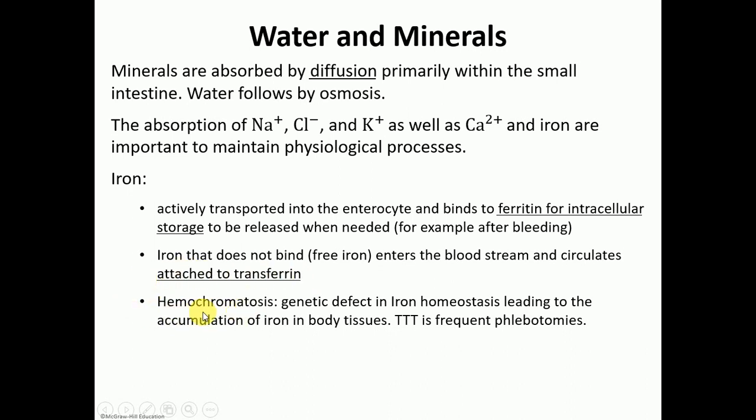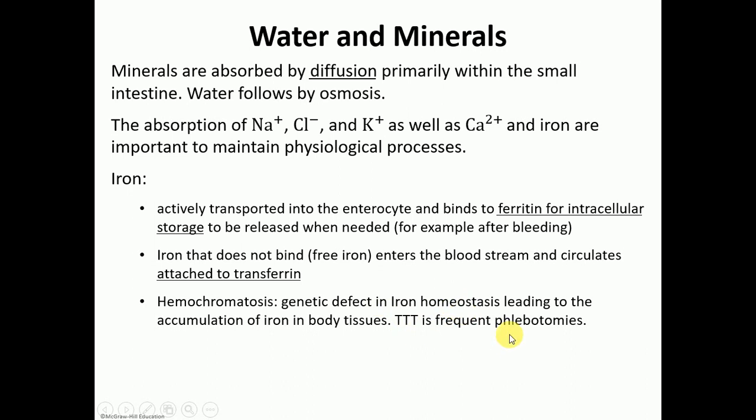There's a genetic condition known as hemochromatosis, and that would be a defect in the homeostasis of iron where there is accumulation of iron in your body tissue. For example, as we said, instead of being stored in limited amounts in the enterocytes or in the hepatocytes, it is now massively stored there, and that leads to damage of these organs.